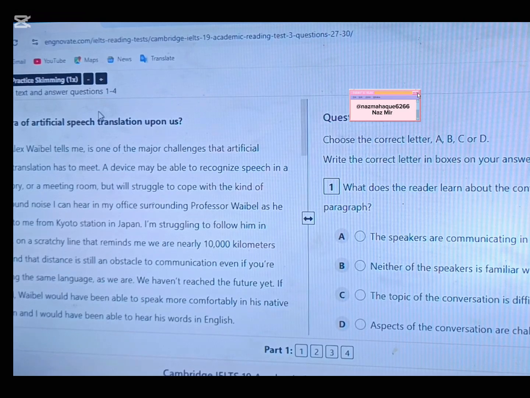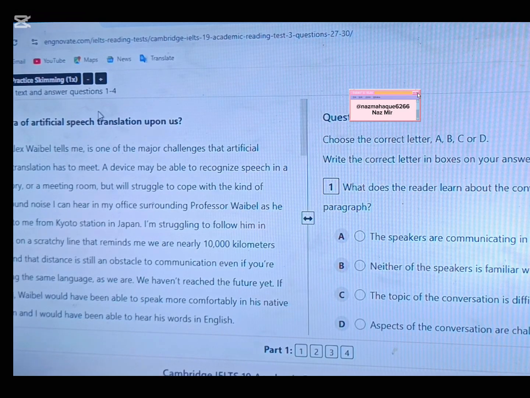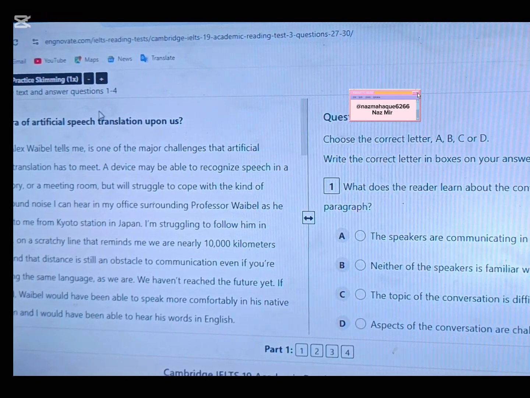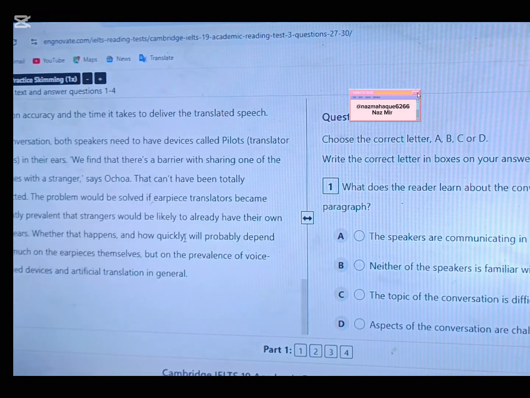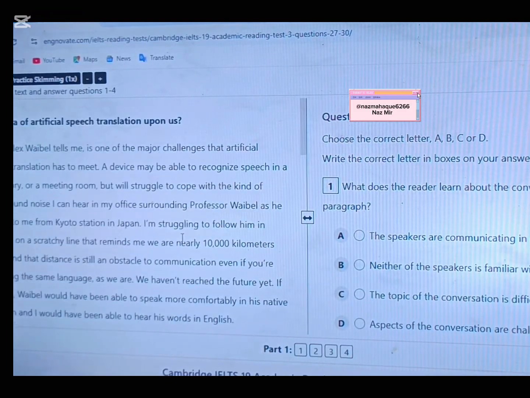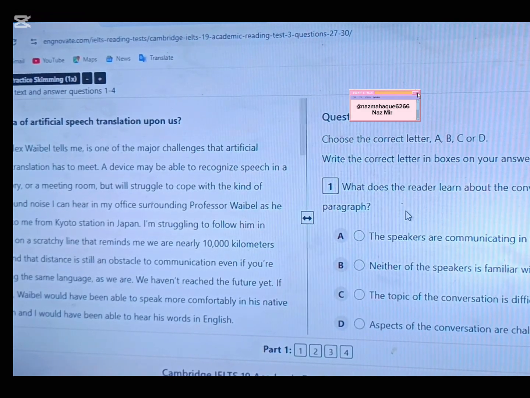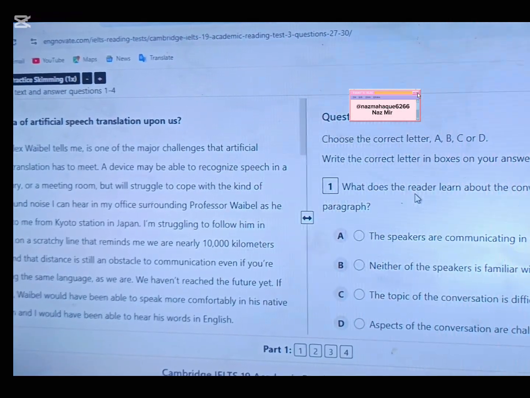So this is one of the Cambridge IELTS reading passages, and I'm going to show you guys how to solve the reading MCQ. So at first you can see that this is the whole passage. When you are trying to solve this one, all you need to do is try to read the question at first. See?